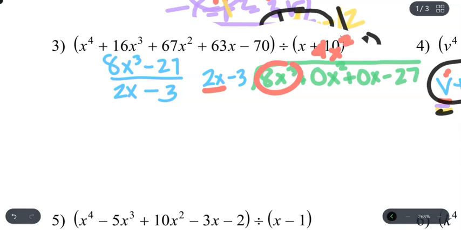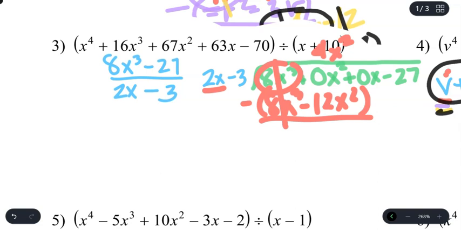So 4x squared times 2x gives me the desired 8x cubed. And 4x squared times negative 3 gives me negative 12x squared. And remember, that's all subtracted. So those are gone because 8x cubed minus 8x cubed is 0. And then I have 0 minus negative 12. That becomes plus 12. So 12x squared. And then, yes, I'm going to bring down the 0x.